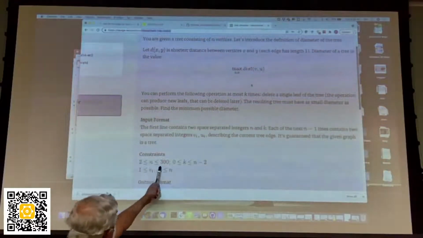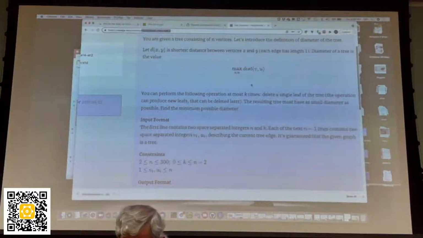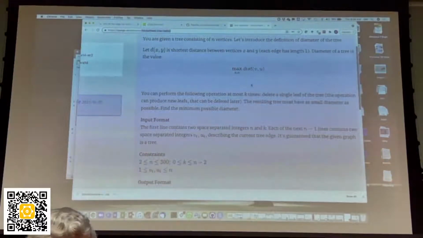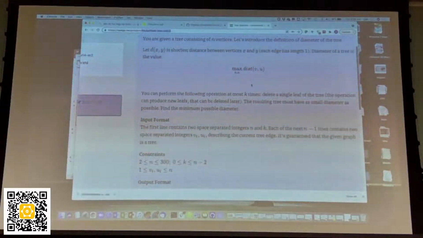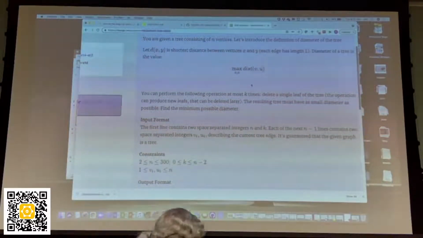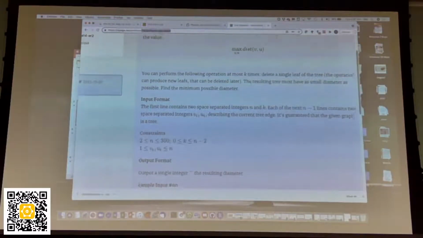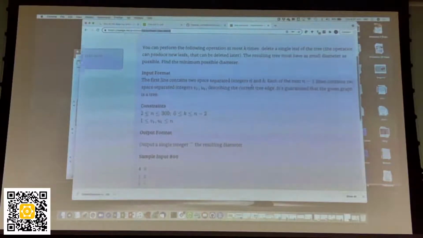So we're given a tree, we're given a number k, we're told that we can delete up to k vertices, and we need to make the diameter as small as possible. That's our job. So the output is simply the smallest diameter that you're able to achieve. That's all you need.